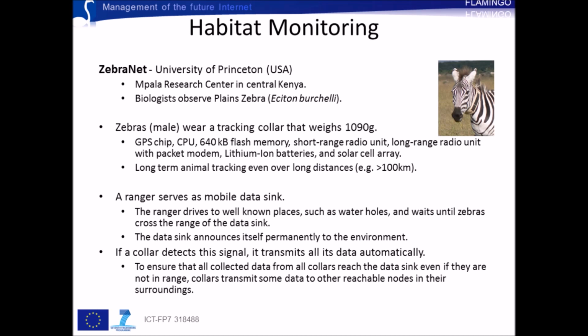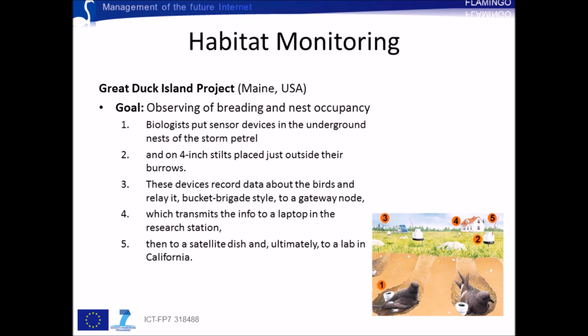Another example for habitat monitoring is the mentioned Great Duck Island project. On Maine's Great Duck Island, biologists put sensor devices in the underground nests of the storm petrels, and on 4-inch stilts placed just around their burrows.